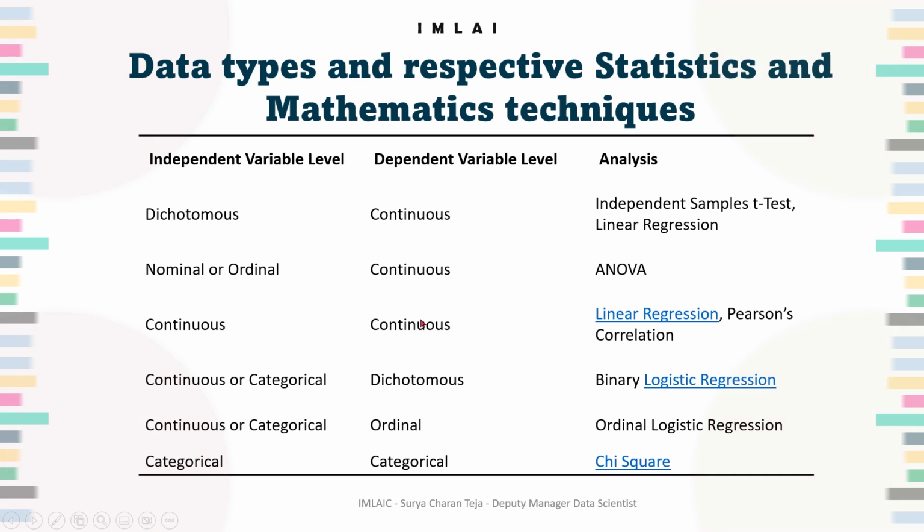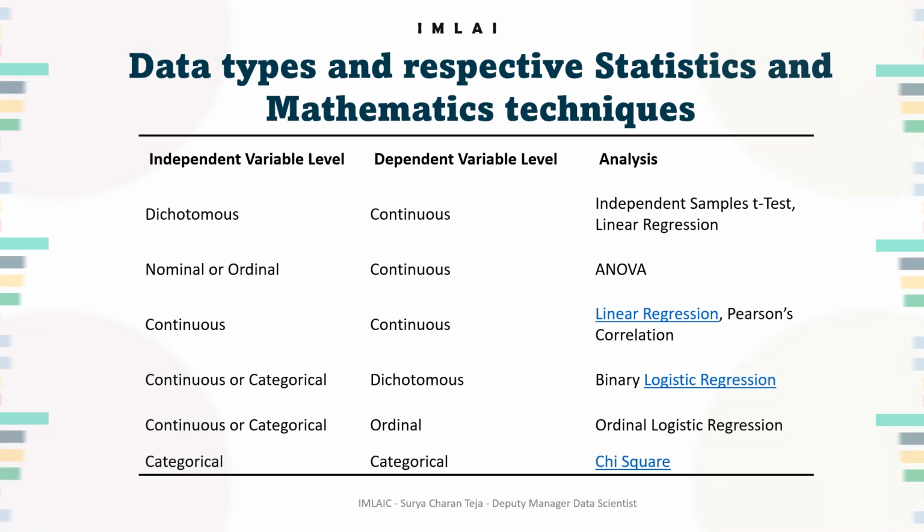And if the dependent variable Y is continuous and the independent variable is also continuous, absolutely numerical data, then we can do the linear regression and Pearson's correlation also. We can do linear regression as well as Pearson's correlation.